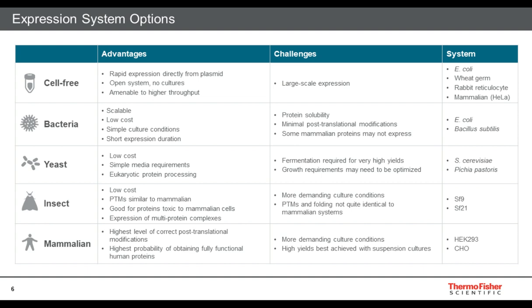They have an advantage in that the post-translational modifications, or PTMs, are similar to mammalian systems, and they're good to express proteins that are normally toxic to mammalian cells. The culturing conditions are a little bit more demanding, and the PTMs are not quite identical to mammalian systems.